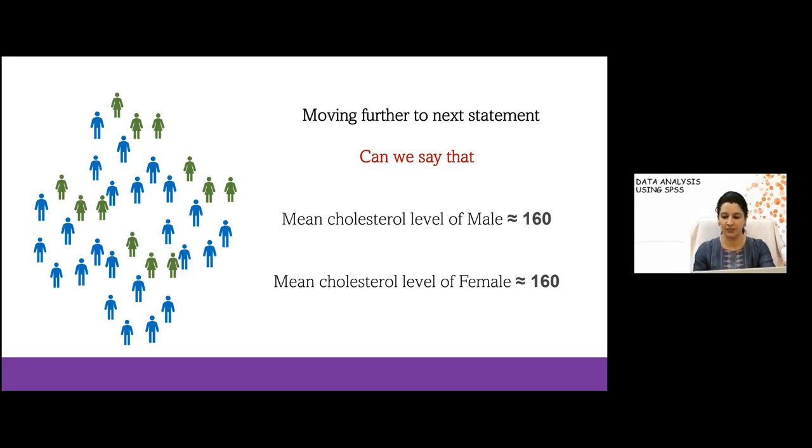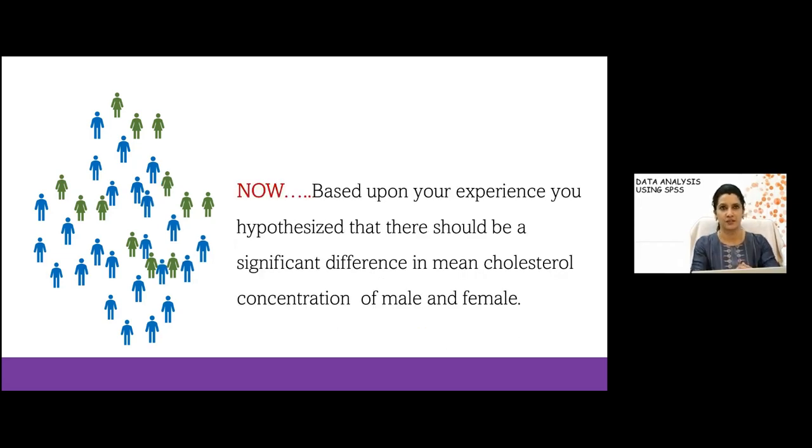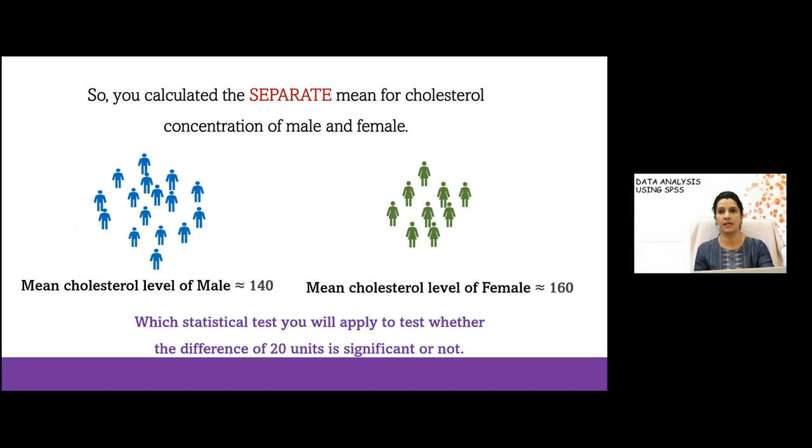So now coming to the third situation. So based on this experience, I can say that whether there is a different male the blood pressure of the same set of individual.